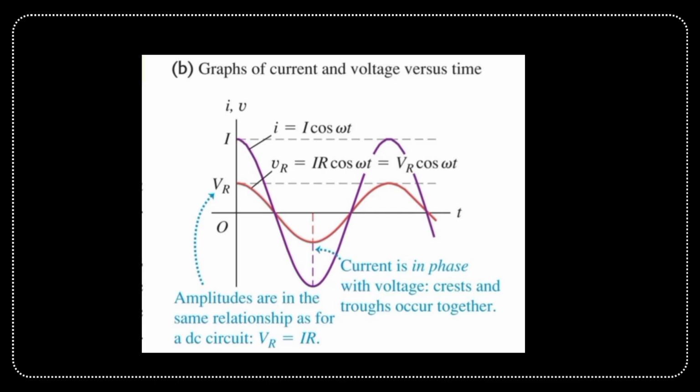Your V is equal to IR. So this means the maximum voltage is equal to the product of the maximum current and the resistance. So overall, in a purely resistive AC circuit, the current and voltage are synchronized, leading to efficient power transfer.